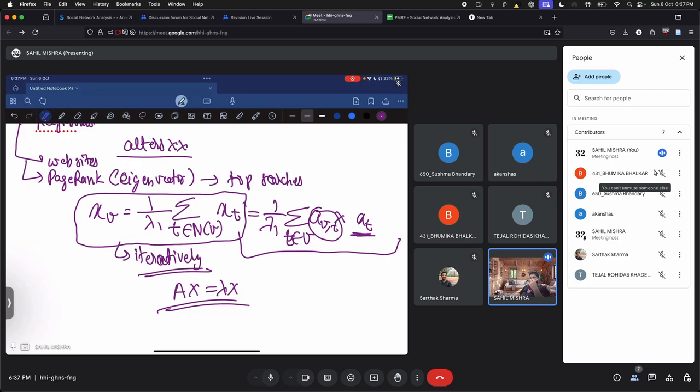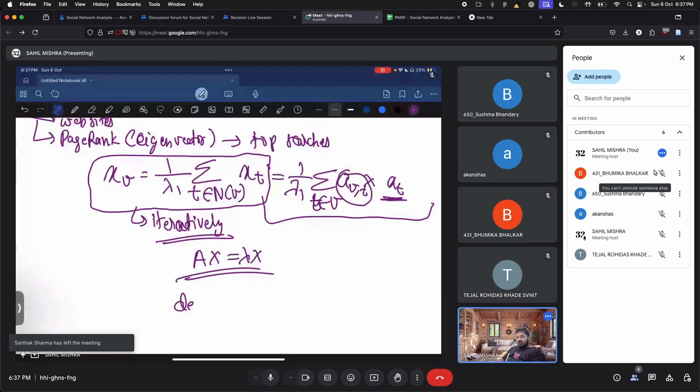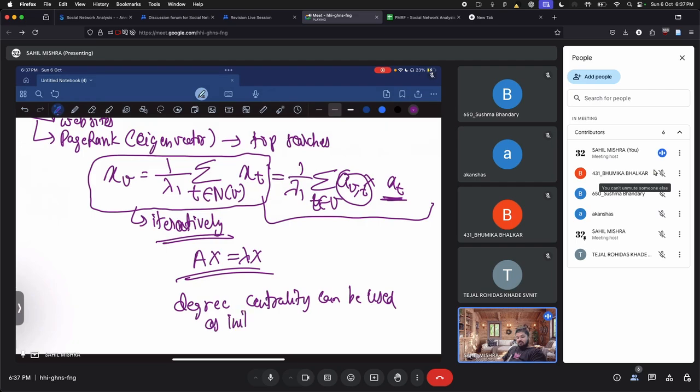So initially you can use degree centrality as the initial eigenvector centrality for all the nodes, and then iteratively you can check how it changes after 5 epochs, after 6 epochs.